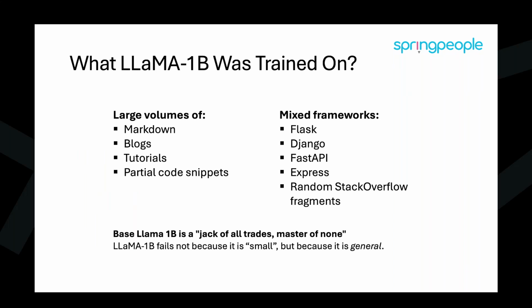And then various blogs and markdowns. So that's how it is trained. This model is not only code packed, it also has general knowledge from the data that it has picked up.